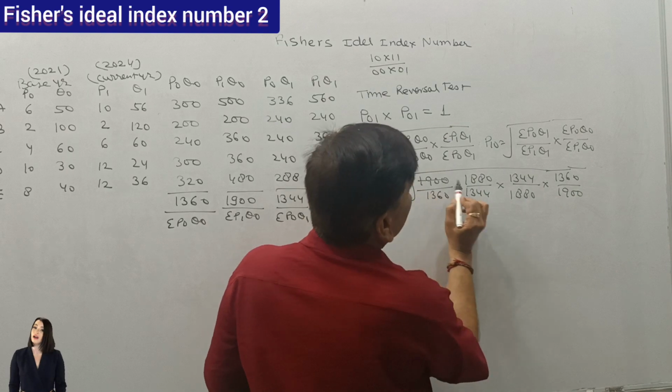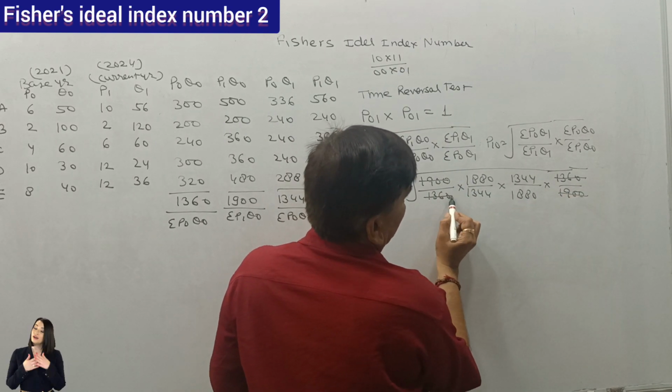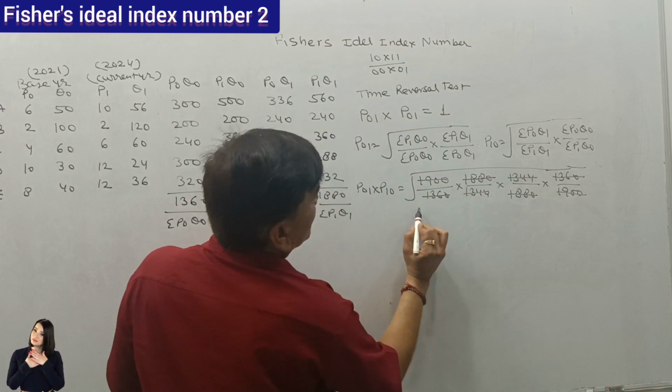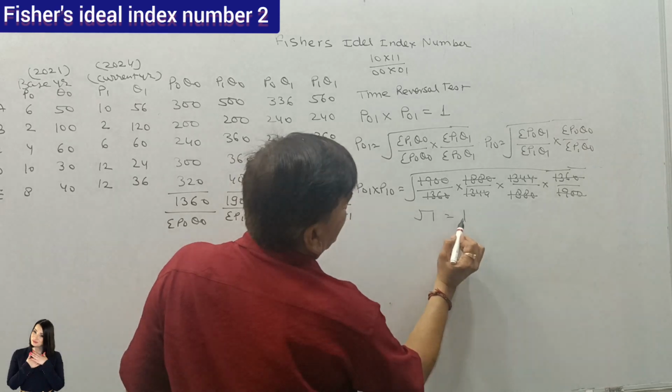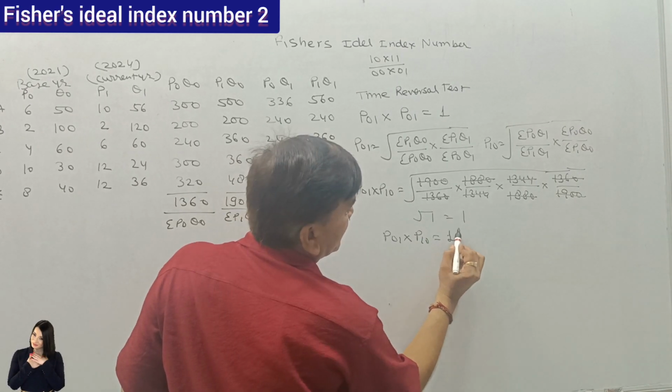So 1900 cancels, 1360 cancels, 1880 cancels, 1344 cancels. So the square root of 1 is 1. So P01 times P10 is equal to 1. The first test is satisfied.